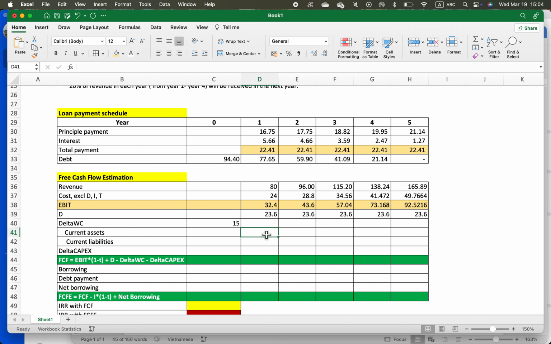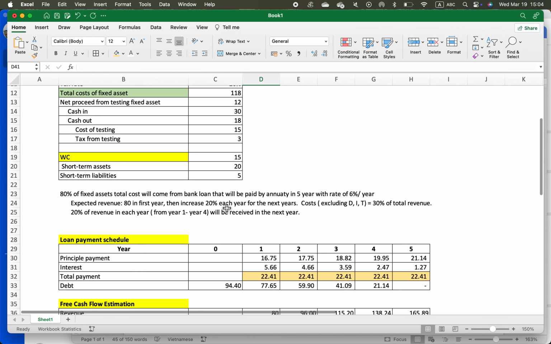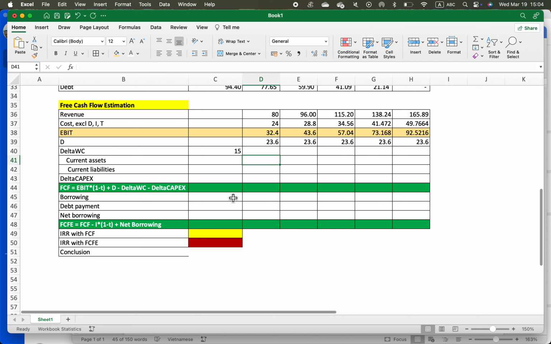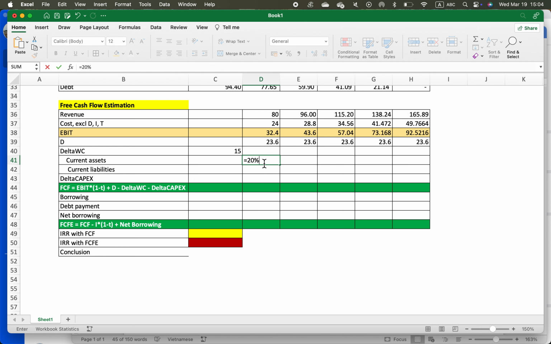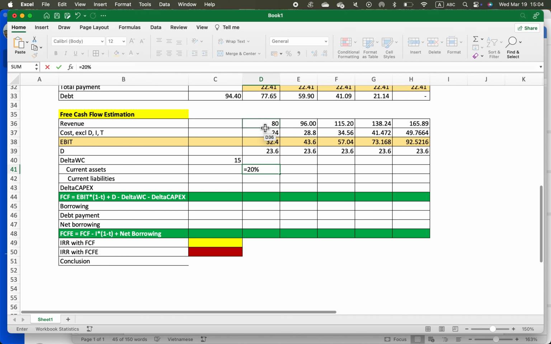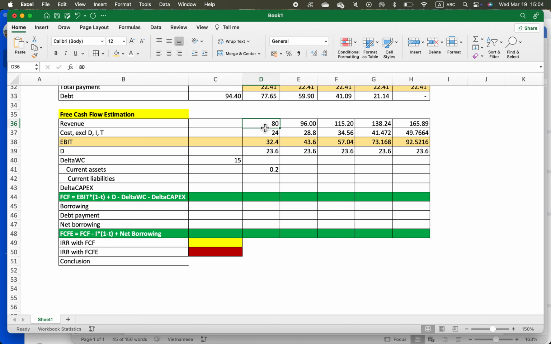okay, the increase of current assets is how much? You can see in here 20% of revenue in each year from year 1 to year 4 will be received in the next year. So which means that in year 1 we'll have 20% of revenue receivable.